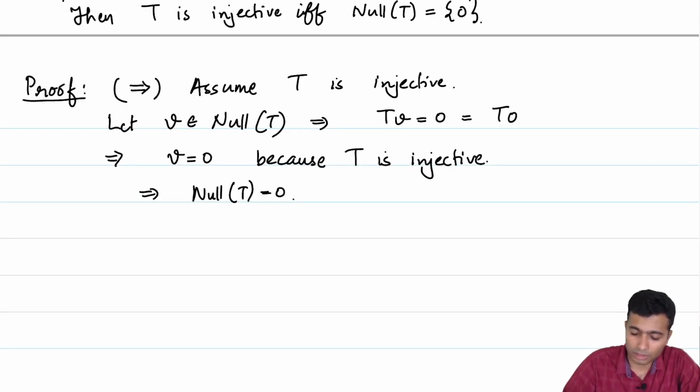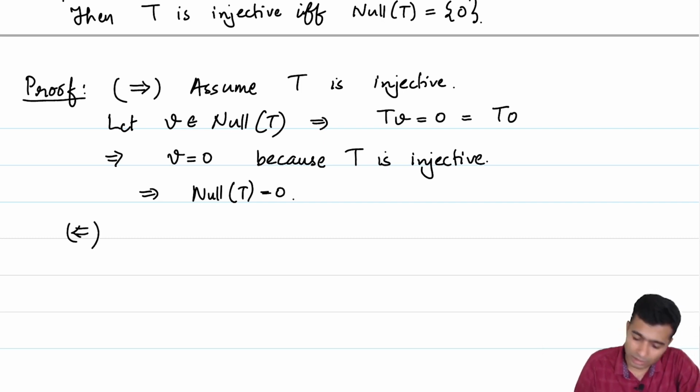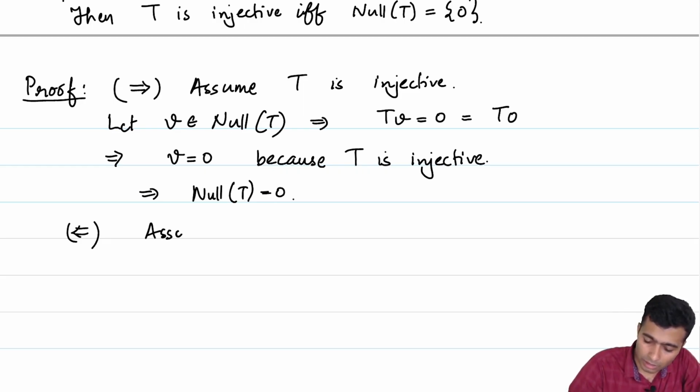Okay, that was quite straightforward. Let us look at the other direction. As it turns out, the other direction is also equally straightforward. So, assume that null of T is the 0 vector.